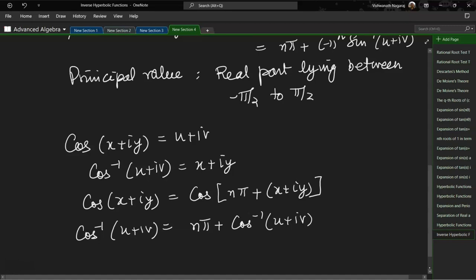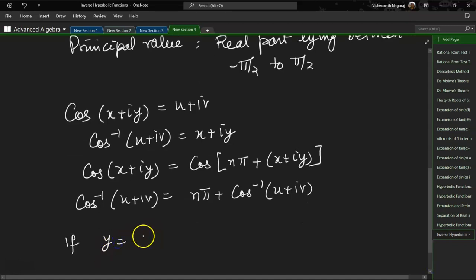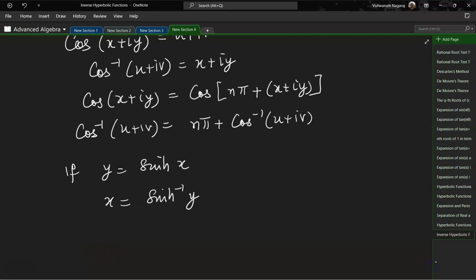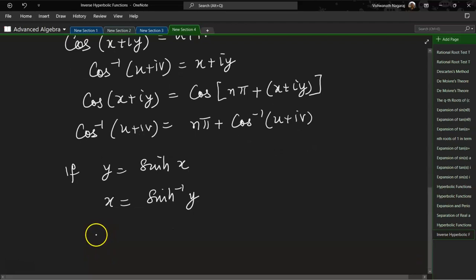Okay. Now, if y is equal to hyperbolic sine of x, then we say x is equal to hyperbolic sine inverse of y. And similarly, we will have an inverse for all the other hyperbolic functions.